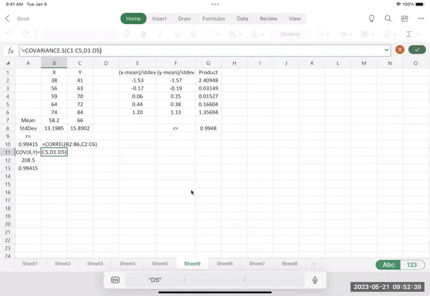Need to reference the two columns. So I use S for sample to get the right answer. So that was B2 colon B6 comma C2 colon C6.